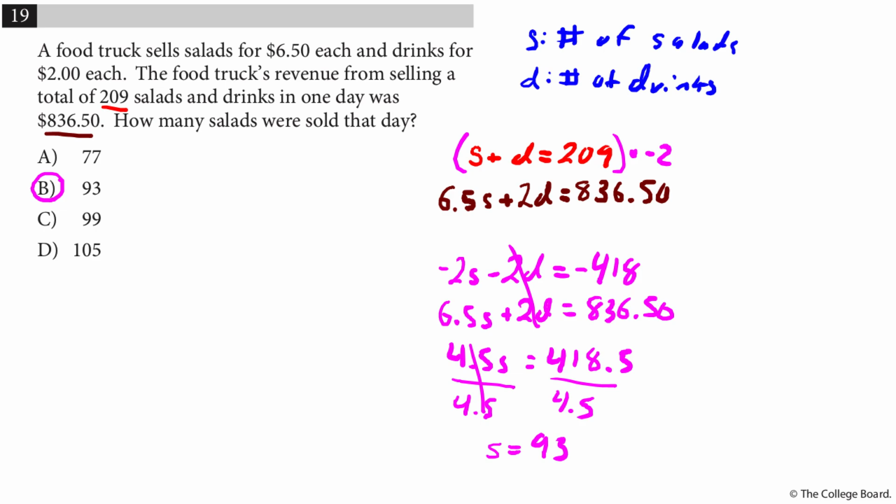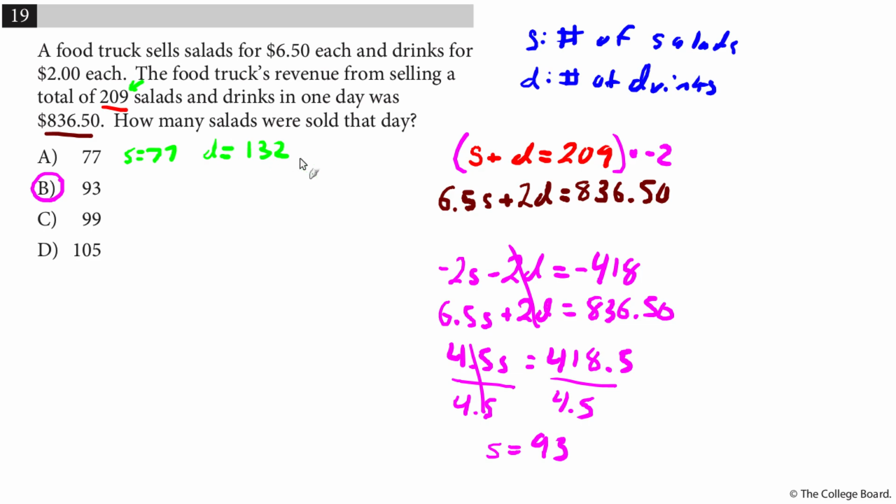Now, there's another possibility. So this is how I would do it, but the other possibility in this case is probably not that much slower. So if I know that 209 total were sold, if S is 77, I can just subtract from here, and I would get that the drinks would be 209 minus 77, which is 132.